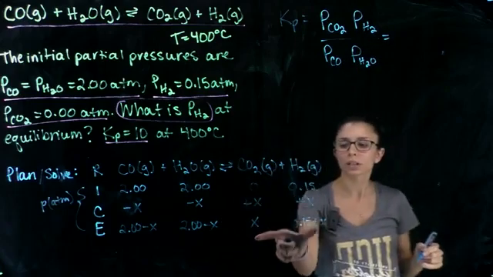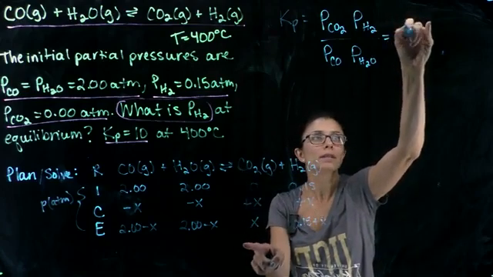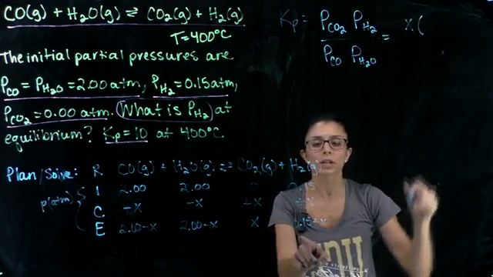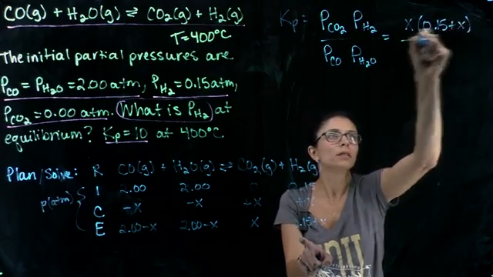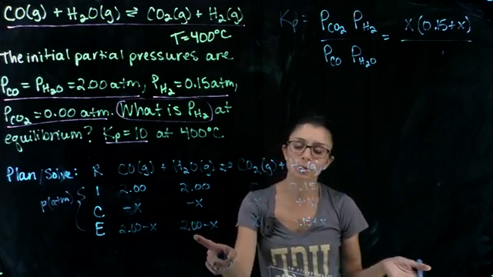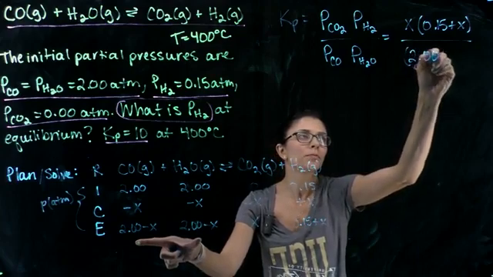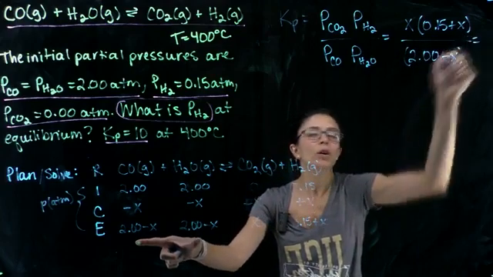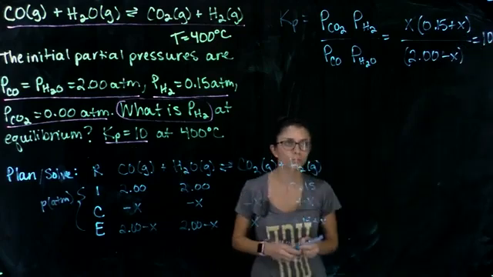And now I can fill in my expressions here. So I have the partial pressure of CO2 is x. The partial pressure of H2 is 0.15 plus x. Partial pressure of CO and H2O at equilibrium is going to be equivalent, so I can take these two terms and square them. And I can set that all equal to my Kp value, which is 10.